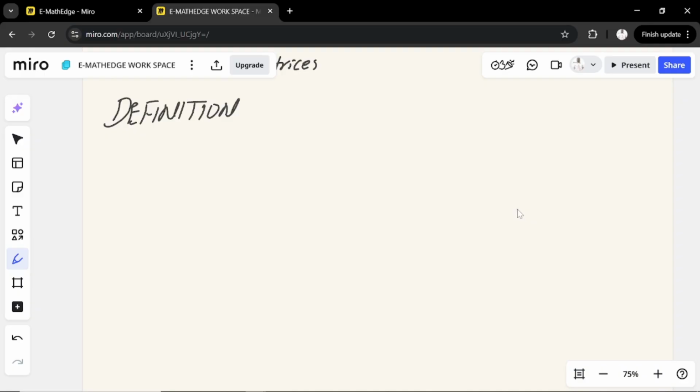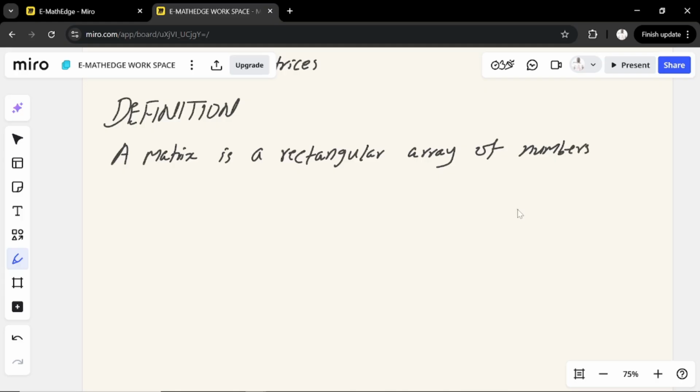So, what is a matrix? A matrix is a rectangular array of numbers, symbols, or expressions enclosed in a square bracket.